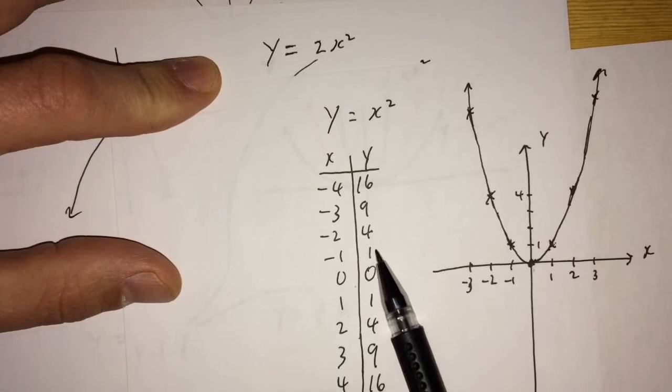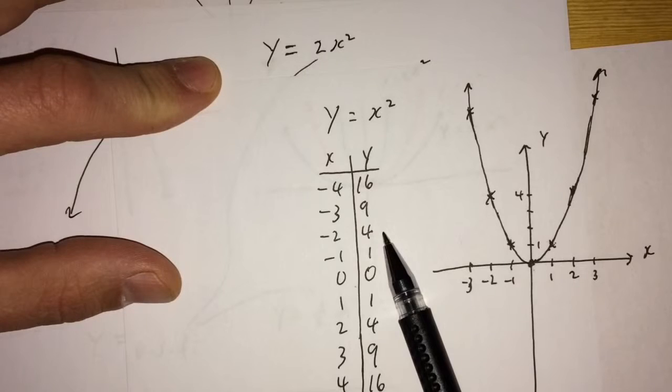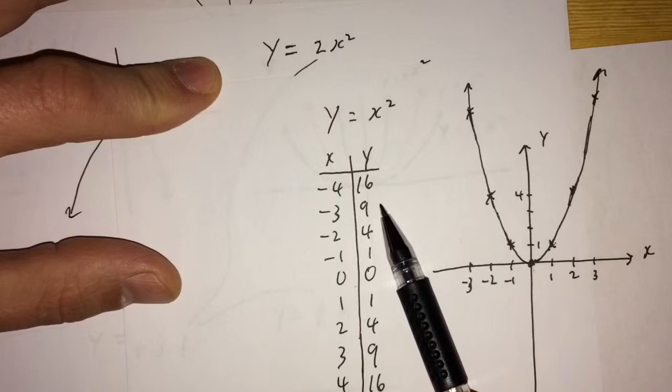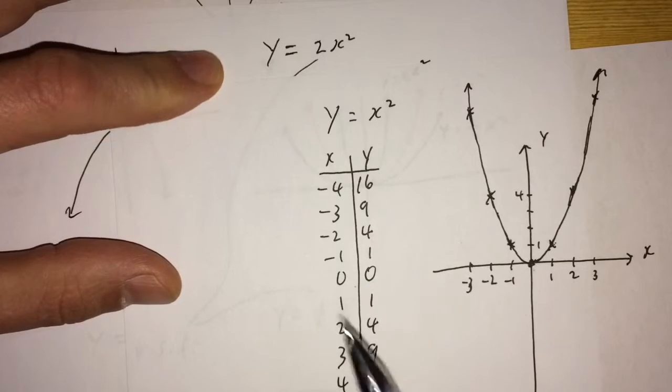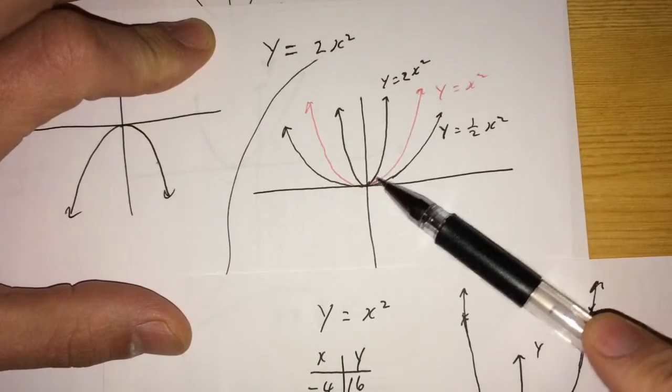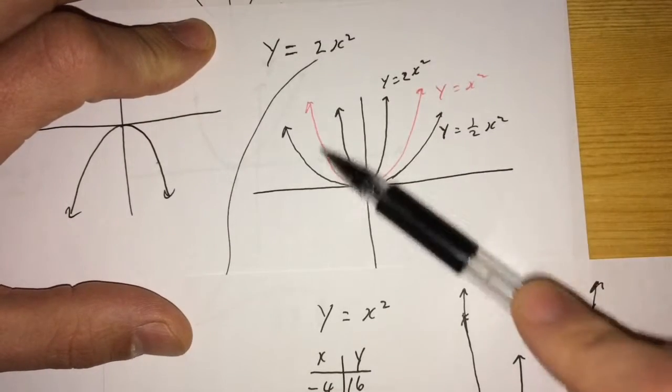So you go over 1 and up 2, over 2 and up 8, over 3 and up 18, and so on.